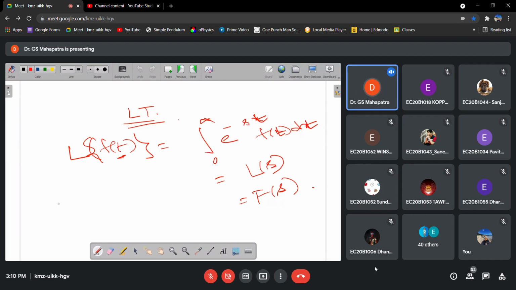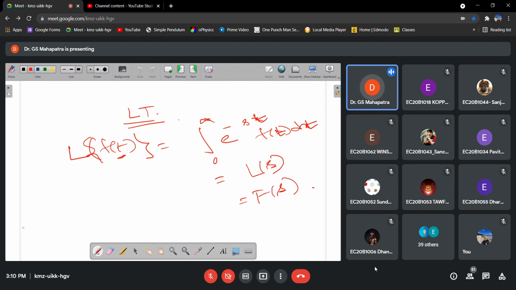Here e to the power minus st is the kernel of the transformation. So the kernel is also different. And the function f of t should be defined from 0 to infinity, that means in the positive range.